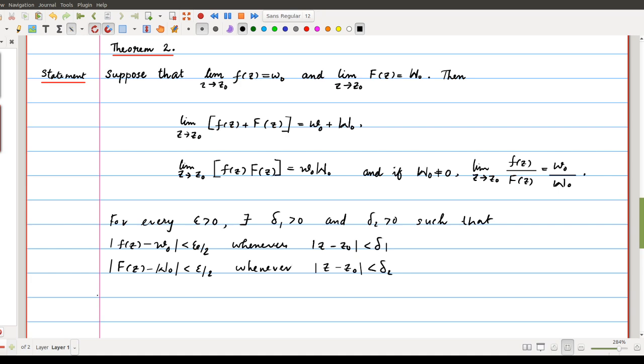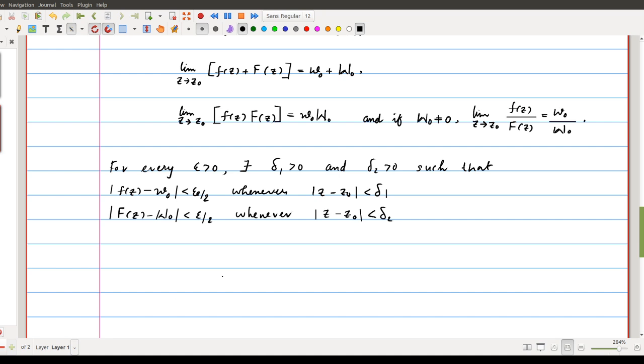Now we need to prove that the sum tends to omega naught plus w naught. So we start with the modulus of small f(z) plus capital F(z) minus omega naught plus w naught. By using the triangle inequality, this is less than or equal to modulus of small f(z) minus omega naught plus modulus of capital F(z) minus w naught.